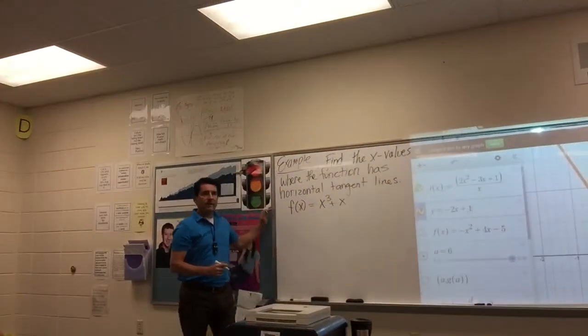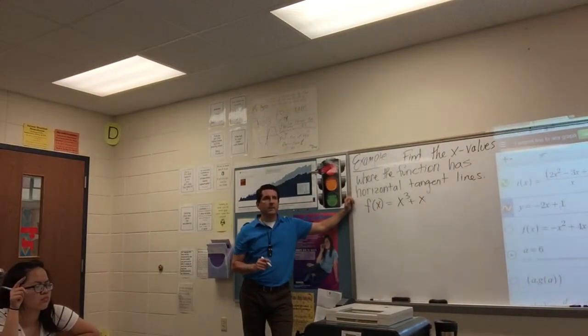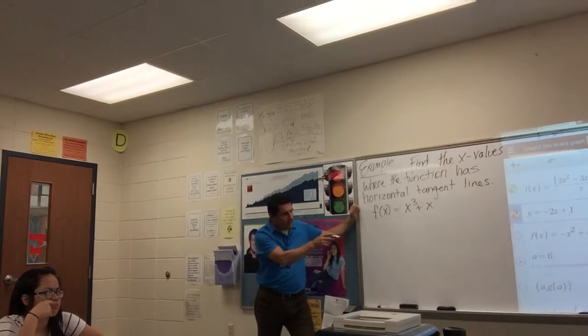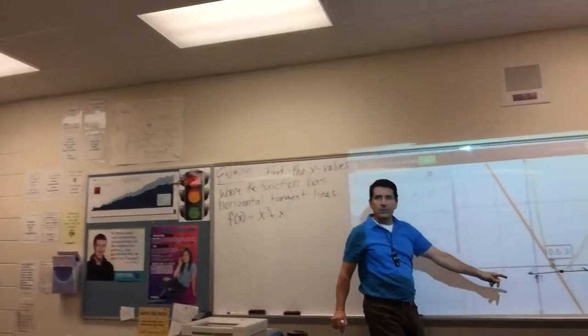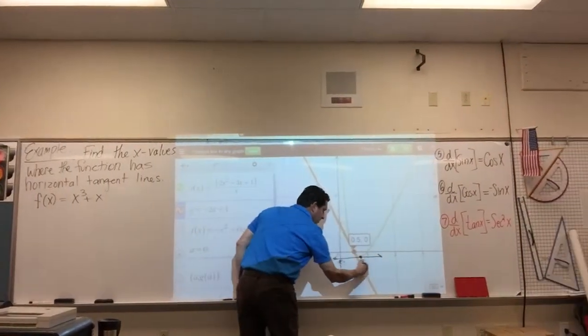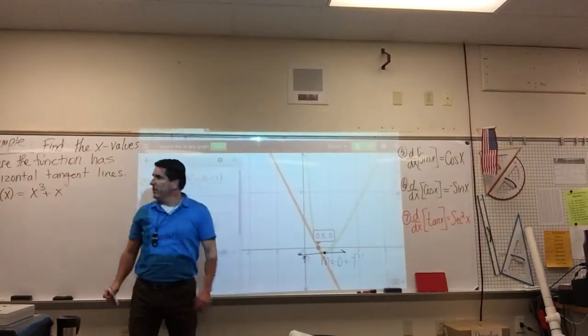How can you be given any function and then figure out where it has a horizontal tangent line? She says where the derivative is equal to 0. What's the derivative at this x value right here? It's 0. It's wherever the slope is equal to 0, which means it's wherever the derivative is equal to 0.